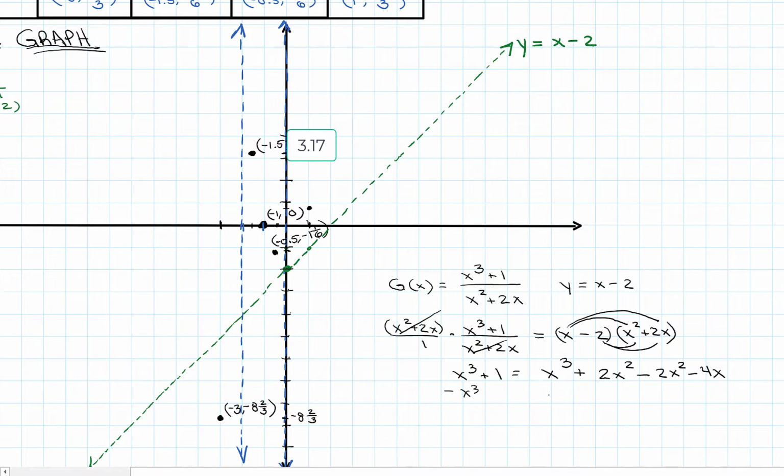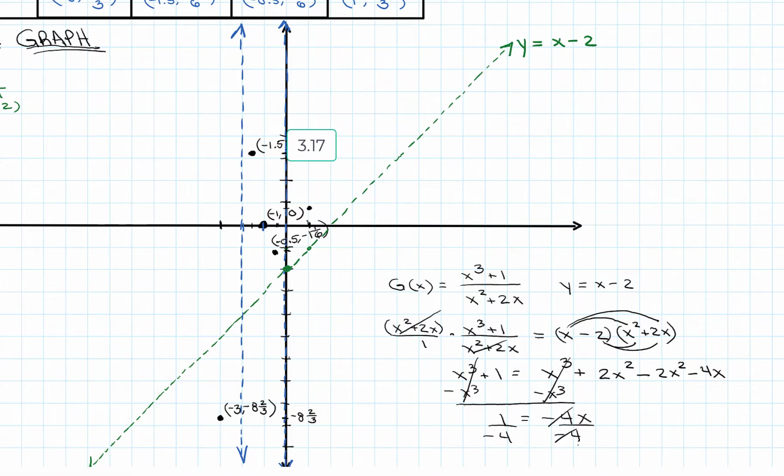And this is going to leave me with a 1 is equal to negative 4x. If I divide both sides by negative 4, I'm going to get x is equal to negative 1/4. That means that there is a point of intersection. The point of intersection is going to have an x coordinate of negative 1/4.